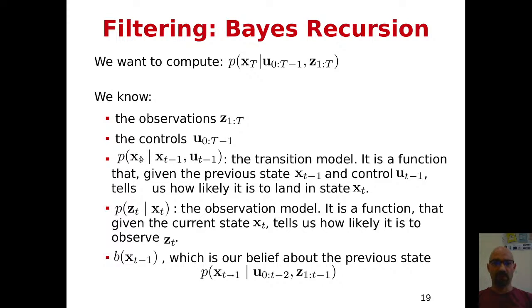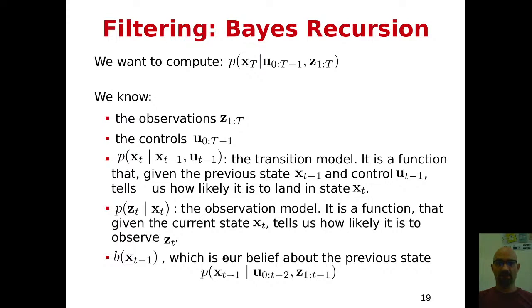So we can picture it as a distribution over the possible states at time t, which is controlled by two knobs: one is the previous state and the other knob is the previous control. The other aspect that we need to know is the probability distribution over the possible measurements that we could perform at time t, knowing, once again, the state we are in, in this case x of t. So again, x of t is a kind of knob that changes the shape of the distribution on the observations.